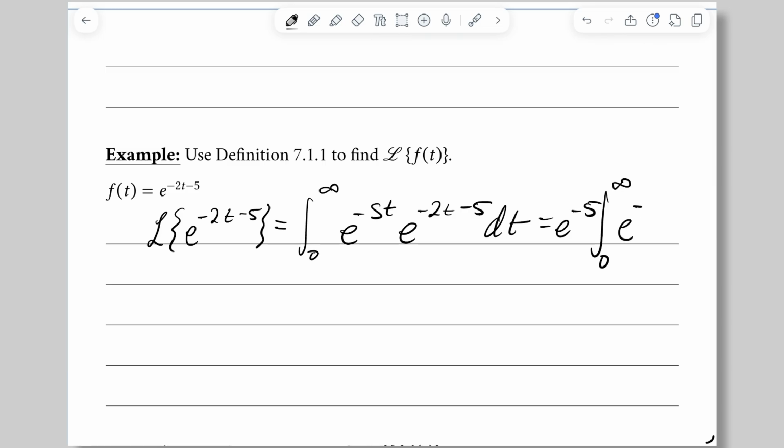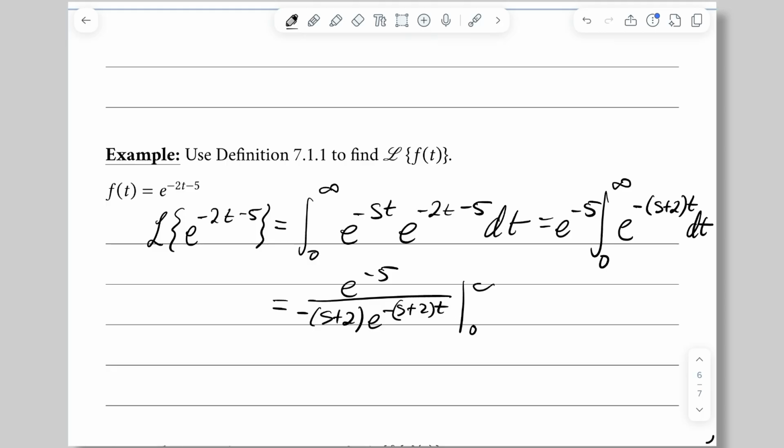What we're left with is e to the negative quantity s plus 2 times t dt. That's going to give us e to the negative 5 over negative s plus 2, e to the negative s plus 2 times t, evaluated from 0 to infinity.